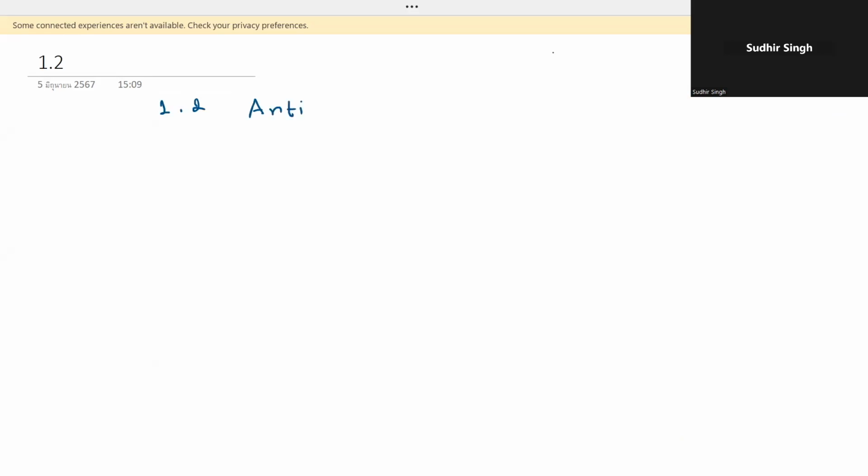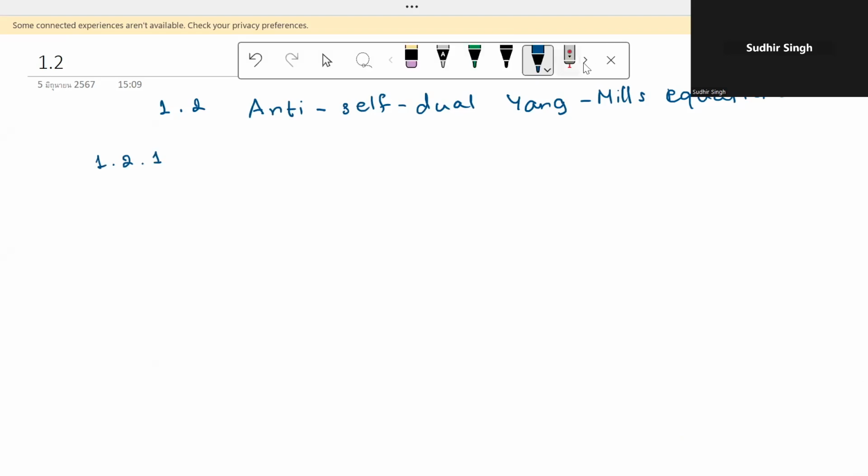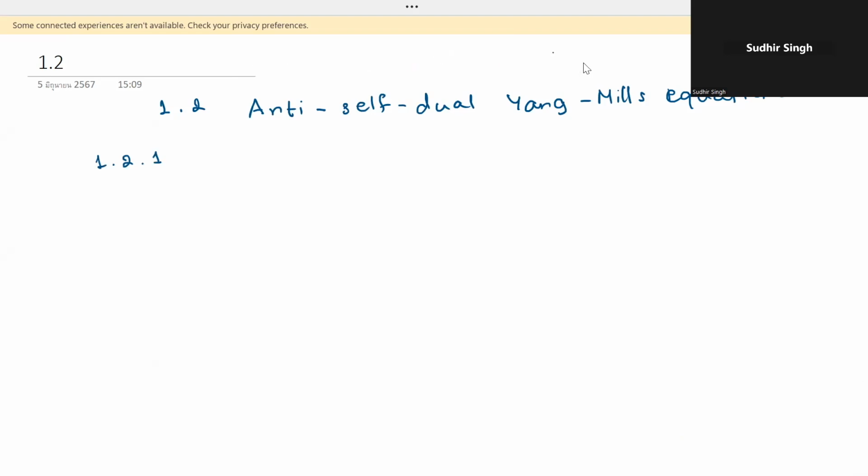So we finished with vector bundles, connections, and curvatures. And now, what is the anti-pseudo-Yang-Mills equation? So to define it, I will first define what I mean by anti-pseudo.